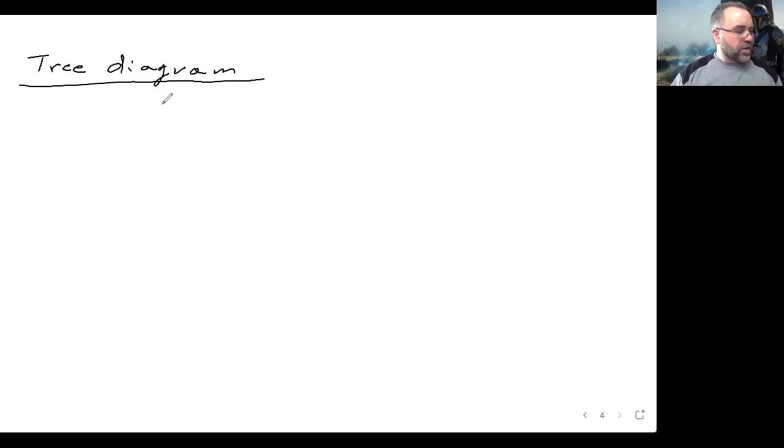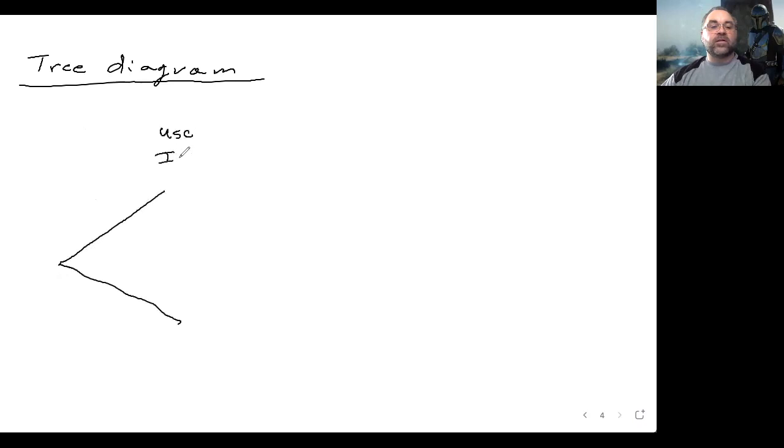So what I want to do is diagram this out using what's called a tree diagram. I'll start off with it said 93% of teenagers use the internet. So we're going to draw a little branch like this. My first question is, do they use the internet?